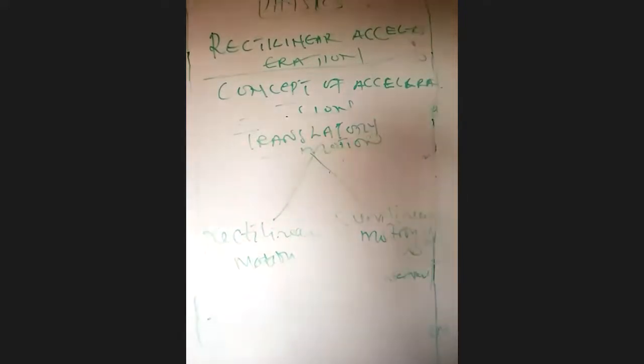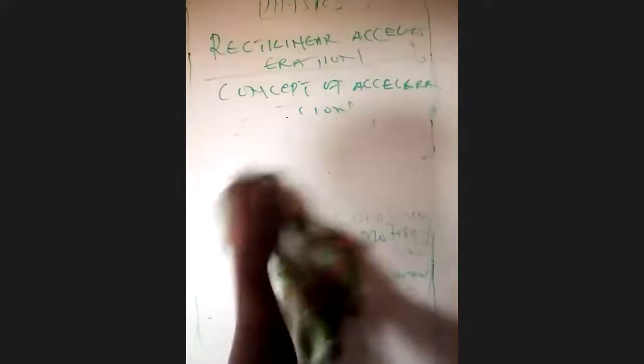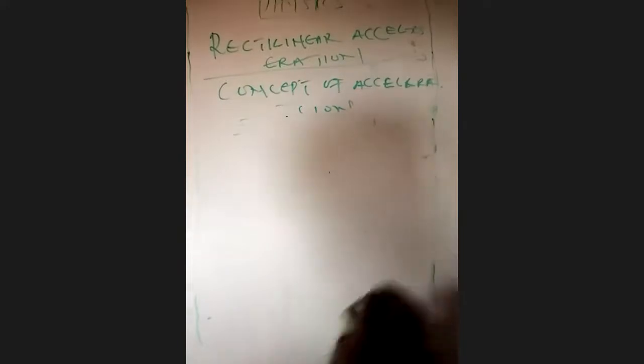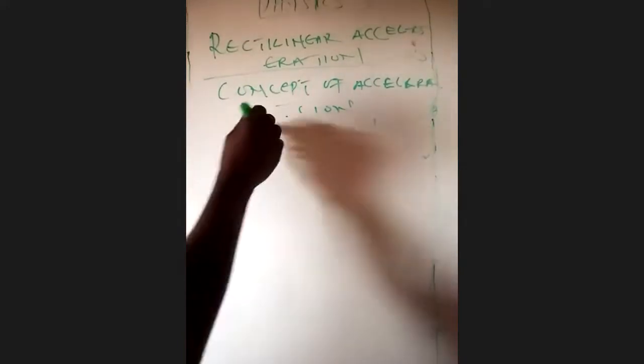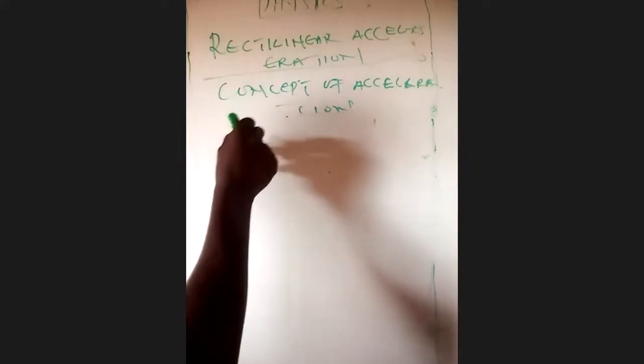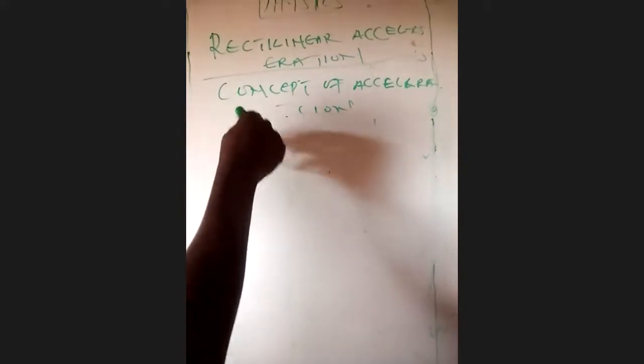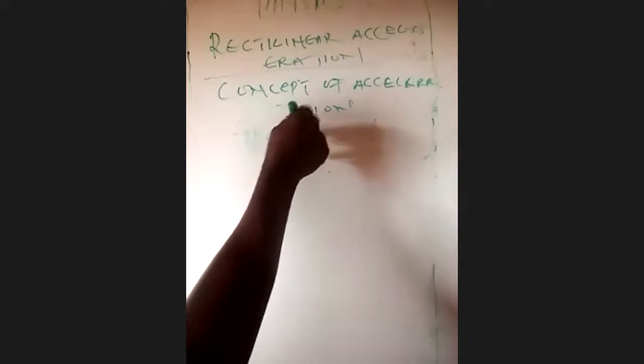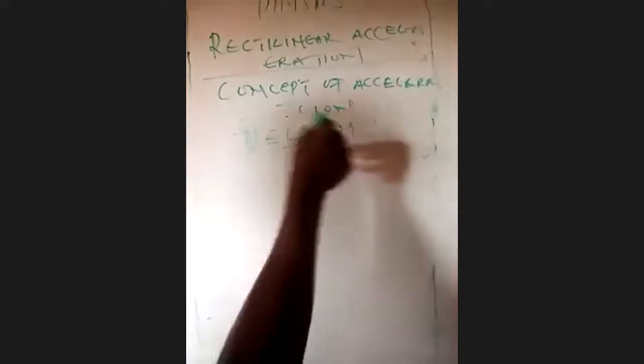Now, with that, we can quickly talk about velocity. Then we move to average velocity and move to the normal work for the day. Remember, we are dealing with rectilinear motion.